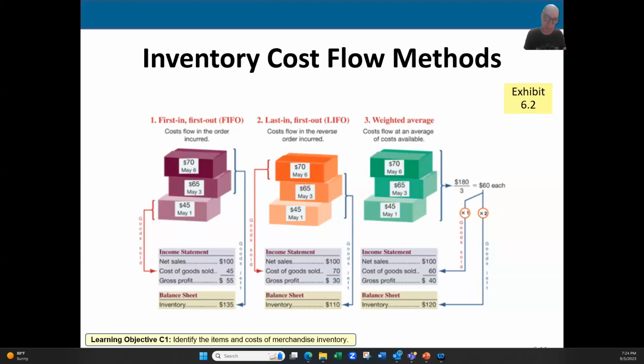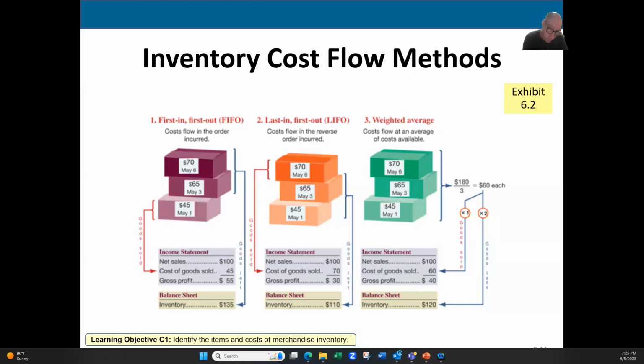Here's how it works. May 1, $45. May 3rd, $65. May 6th, $70. I made $180 worth of purchases for these 3. I divide that by 3 purchases. It gives me a $60 average.